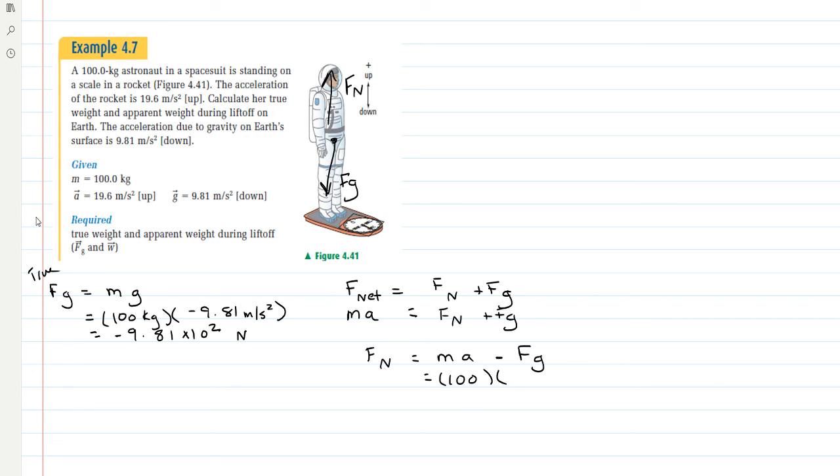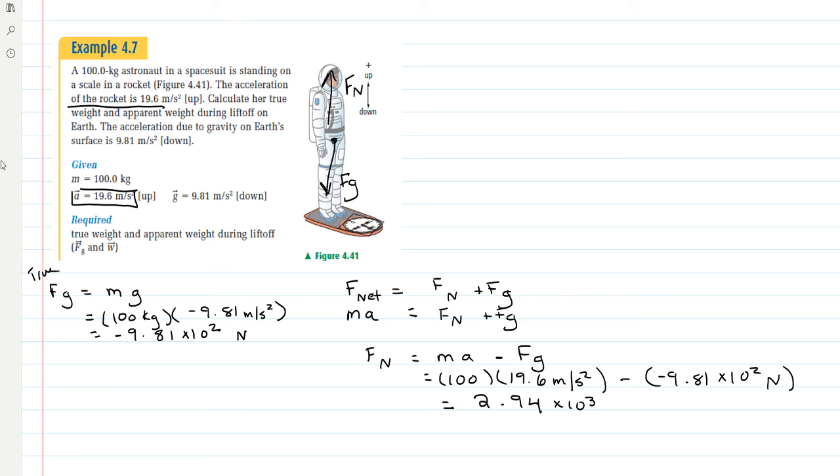This is the acceleration of the rocket here. That's why we have to do more than one step here, because we're not just calculating her weight, we're calculating the acceleration of the rocket and how that plays into her weight as well. And this is going upwards.